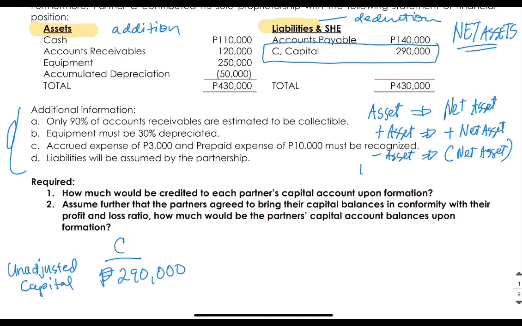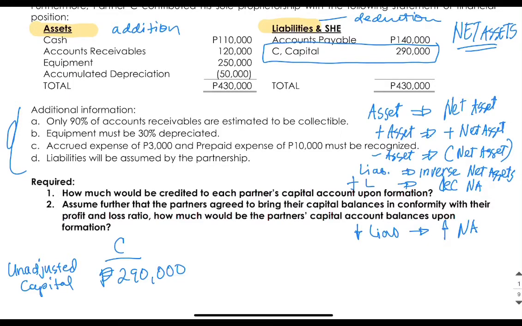While liabilities have an indirect or inverse effect with the net asset. Okay, so if the adjustment would be an increase in liabilities, then it will be a decrease in net asset. But if the adjustment would be a decrease in liabilities, then the effect on the net assets would be an increase.